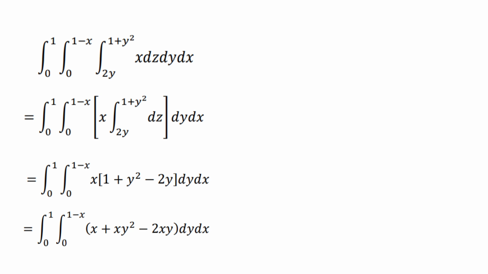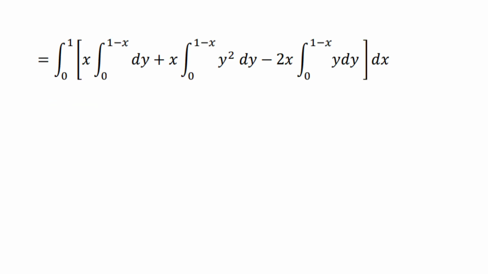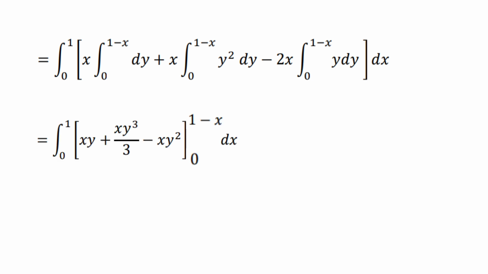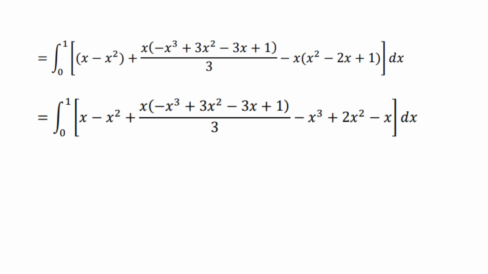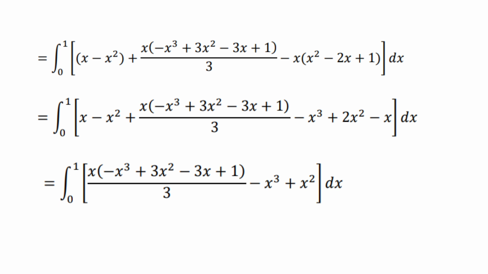And after that, integrate them separately. Now we have xy plus xy cubed all over 3 minus xy squared. Since we are done integrating, we are going to substitute 0 and 1 minus x to our y. And then expand and at the same time simplify.